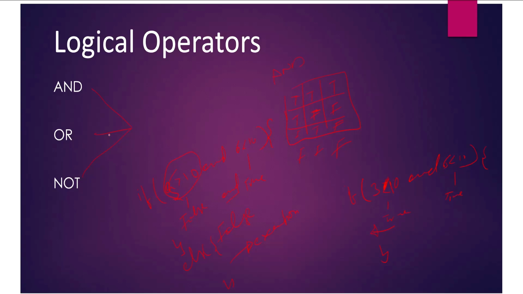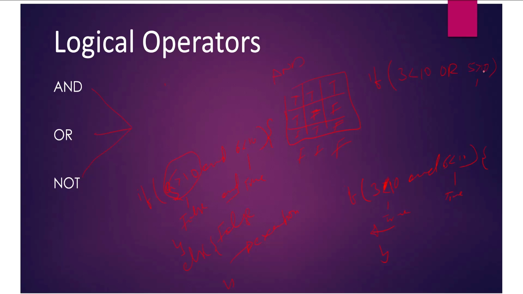Similarly, as you know, the truth table for OR is like this: if any one expression is evaluated to true, or any one expression contains true, the whole expression will be true as per the truth table. Let's see with an example. If 3 less than 10 or 5 greater than 10.